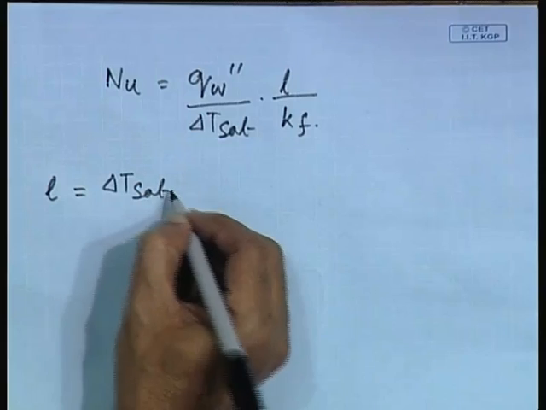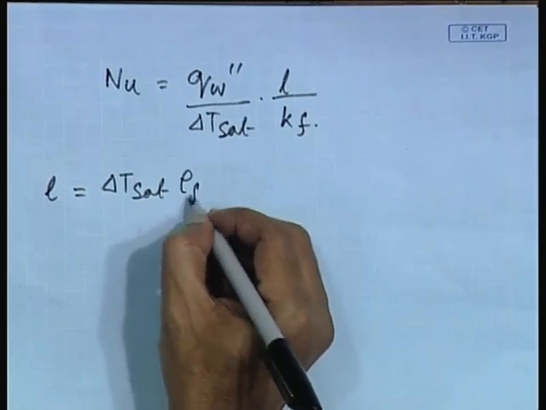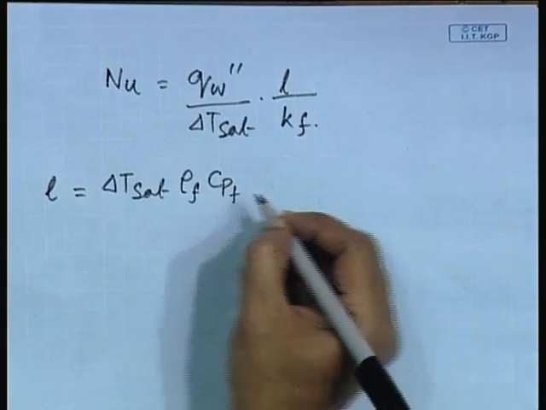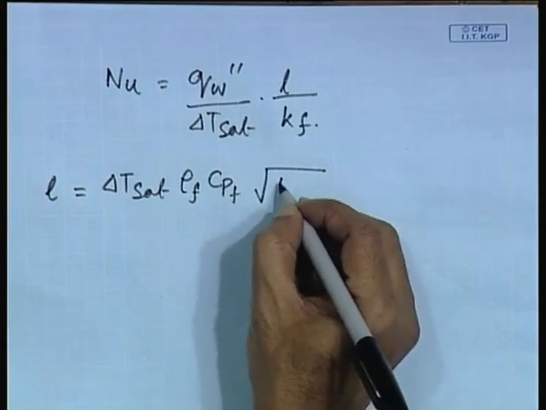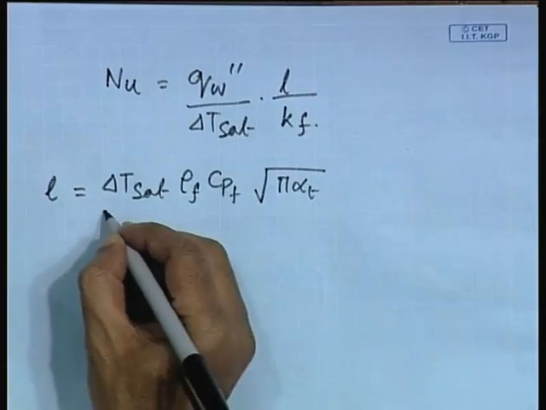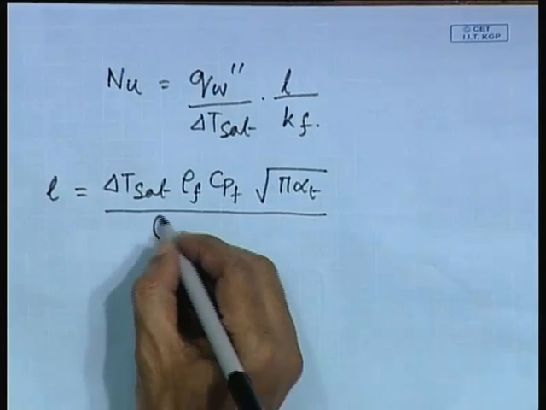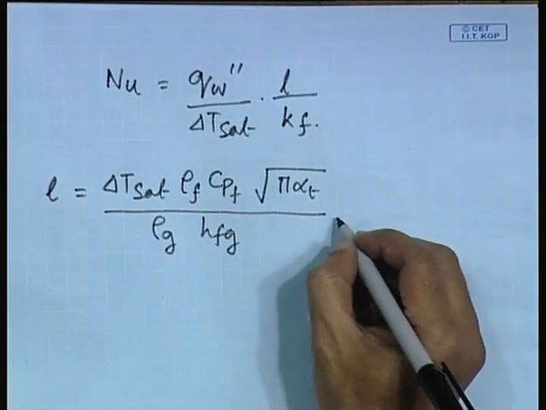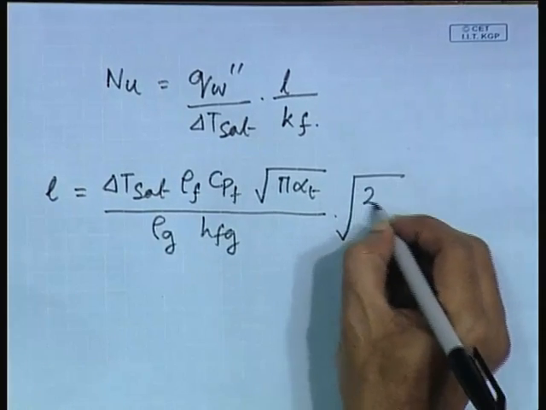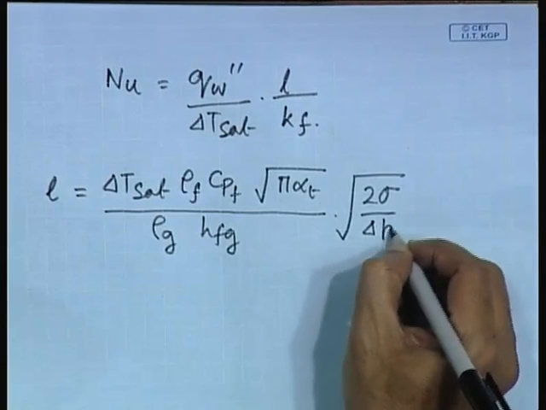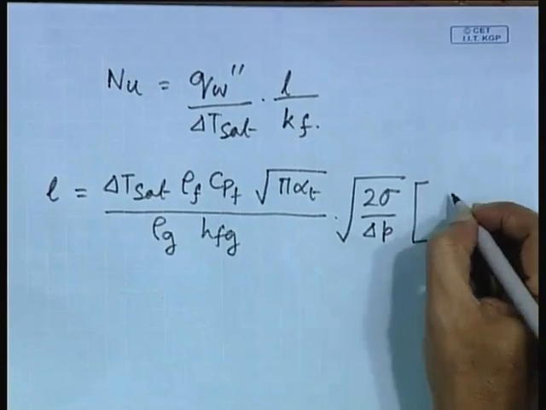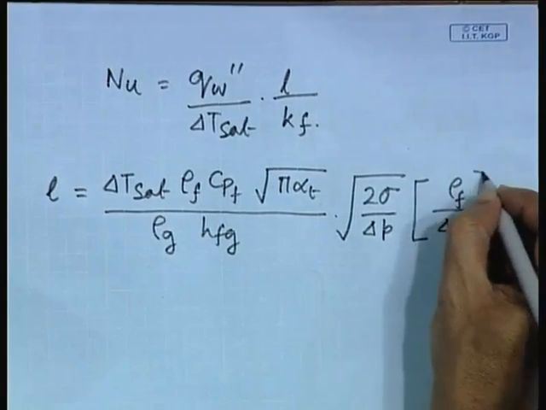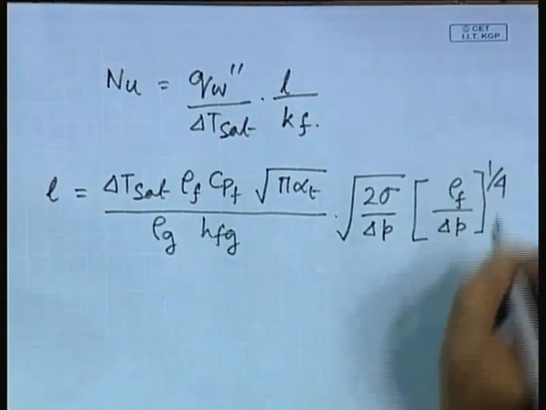delta T saturated rho f Cpf alpha t. This is a lengthy expression, HFG, then 2 sigma by delta P and rho f by delta P to the power 1/4.